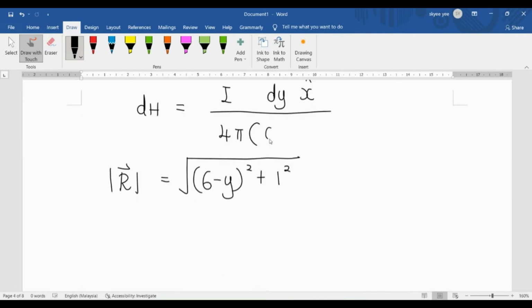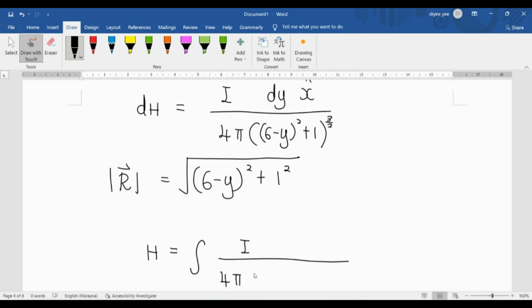Now we put it here: 6 minus y squared plus 1, and because there is a square root and you have power 3, it will become power 3 over 2. Now this is dH. You want to know H, so you need to integrate I over 4 pi times 6 minus y squared plus 1, to the 3 over 2, and this is dy in the x direction.